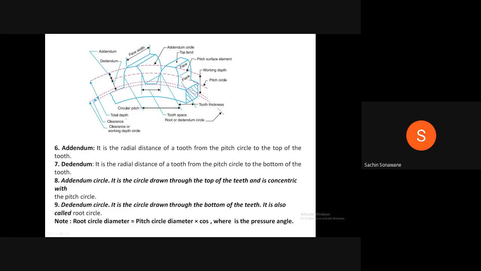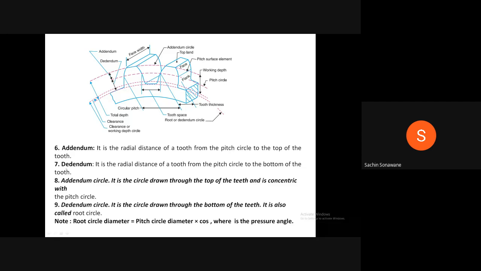Radial distance means if we extend this line, it will pass through the center of the gear. The line which passes through the center of the circle is known as a radial line. Therefore, the addendum is the radial distance from the pitch circle to the top of the tooth.